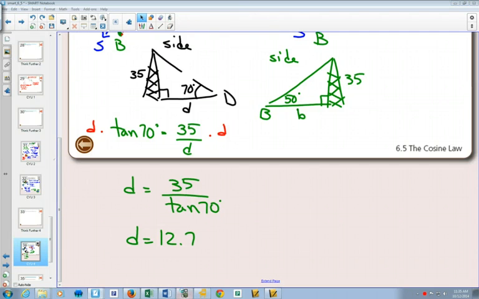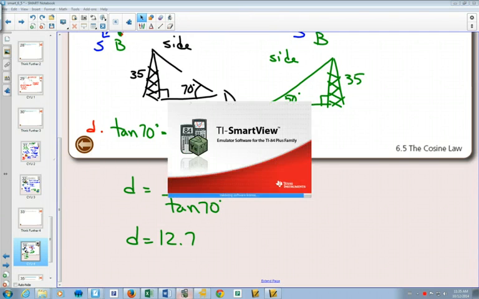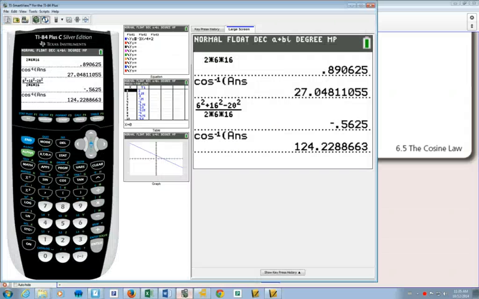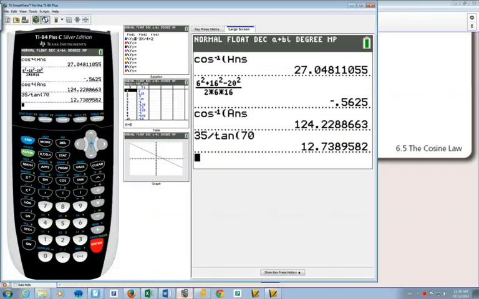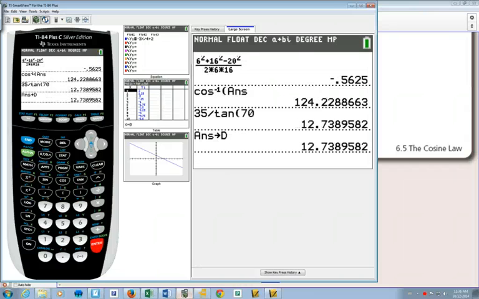Again, because we're going to be using these values later and I don't want to round early, once I get my answer for 35 divided by tan 70, I'm going to store it as alpha d so that I have that for later.